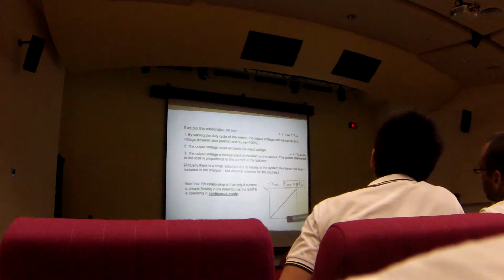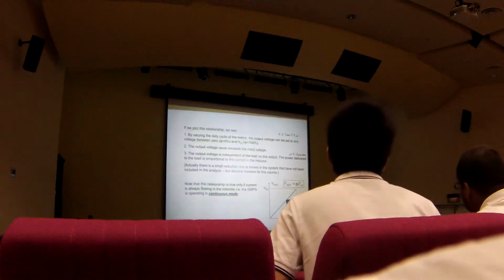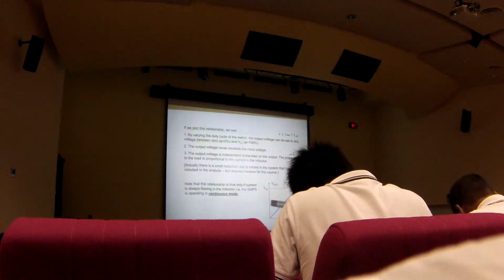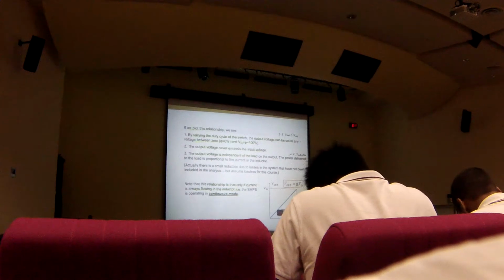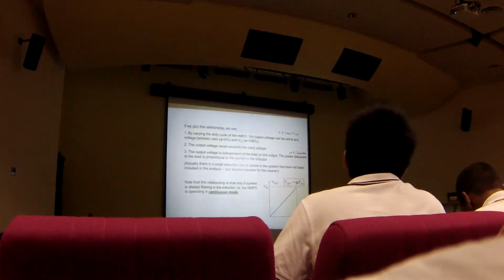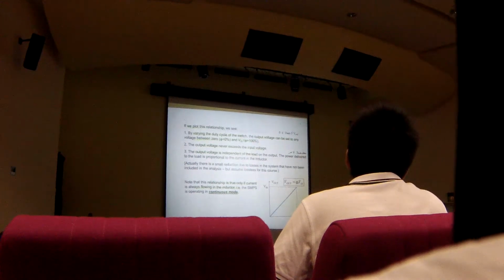Can you see that for 50% duty cycle, you get V out equals half of V in. For 30% duty cycle, you get V out equals 0.3 V in. So can you see that this is a step down converter?